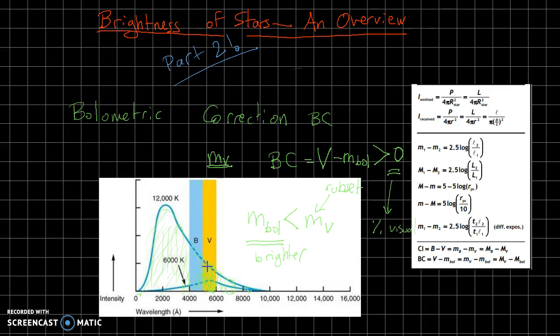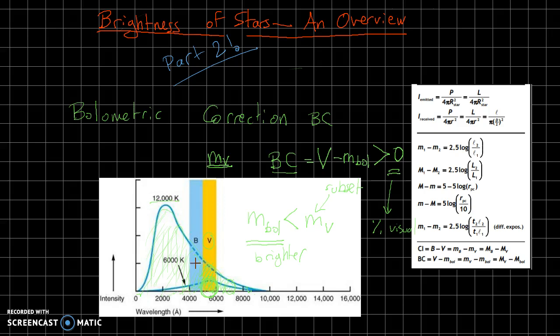If we look at a star like the sun around 6,000 Kelvin, a larger percentage of the light is visual. So visual light will represent a larger fraction, and the bolometric correction will be a smaller number. Less correction is made when you add the remaining of the electromagnetic spectrum.